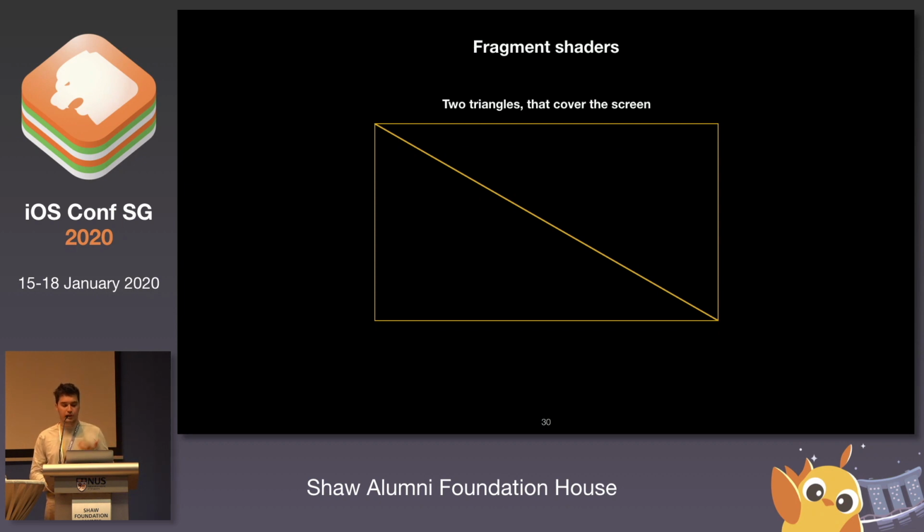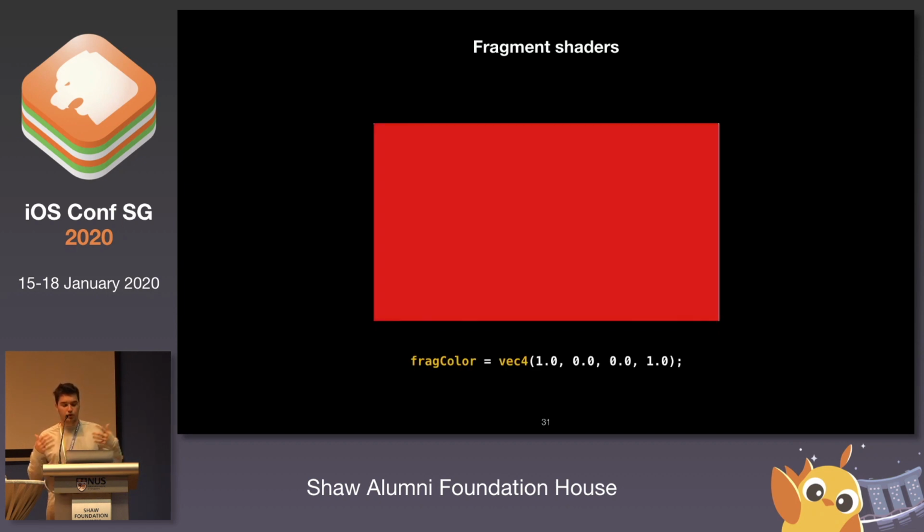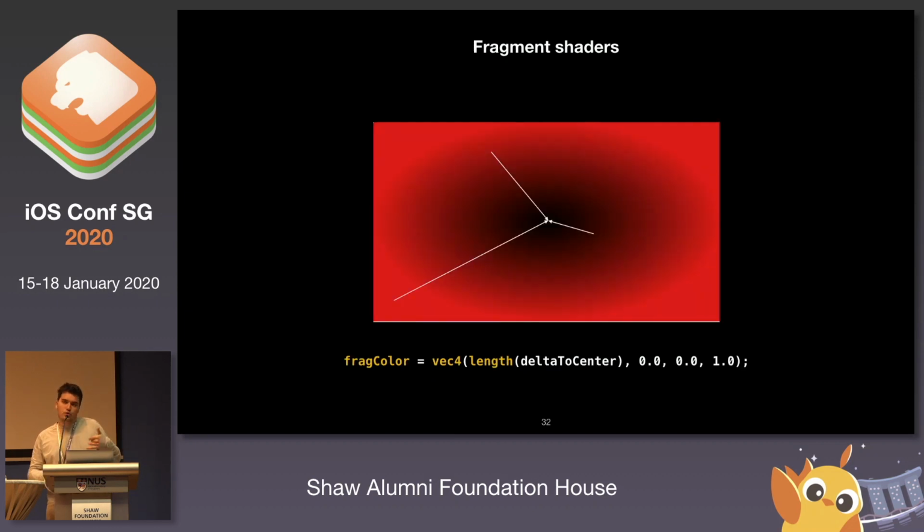To better understand it, let's imagine that we draw 2 triangles that fill all of the screen and see how fragment shaders can help us draw something. The most stupid fragment shader you can imagine just returns a solid color. If you return red, your screen will basically turn red and you will see the whole screen with the same color. But if you try to be a little bit smarter, you can calculate, for example, the distance to the center of the screen and use it as a red channel, and then you'll see a gradual gradient.